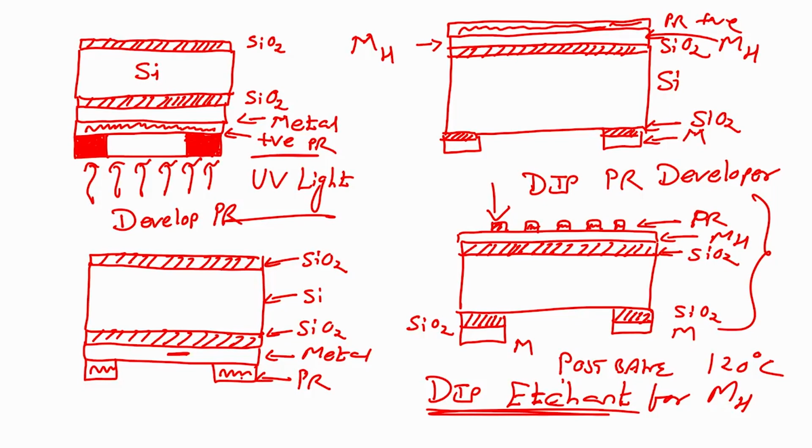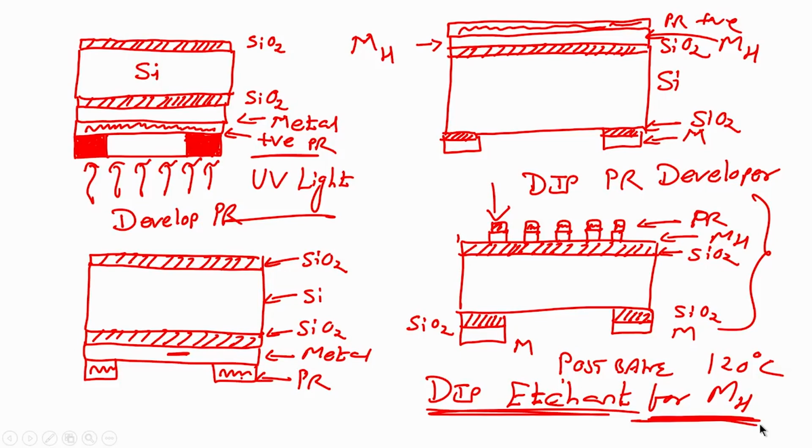What will happen if I do that? Then I will have metal protected only beneath the photoresist, correct, the rest of the metal is not protected, it will get etched.